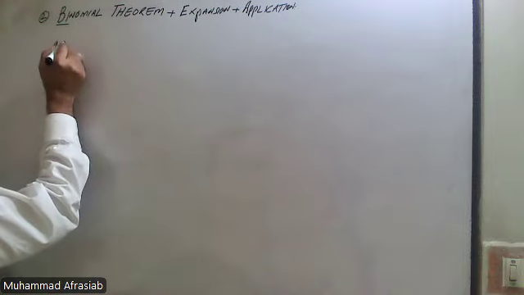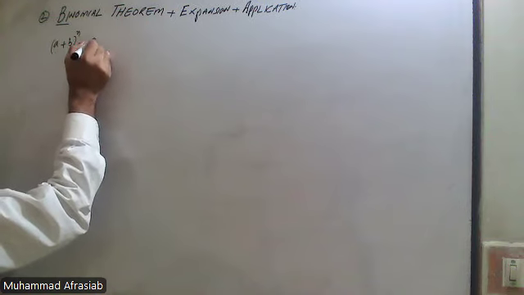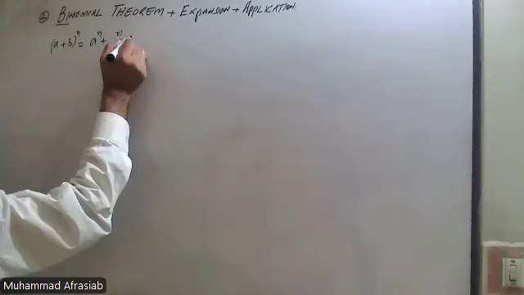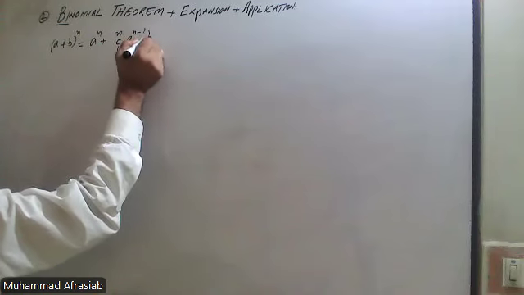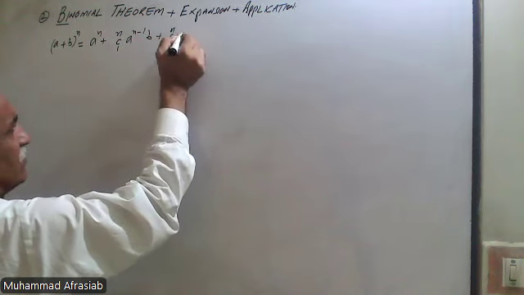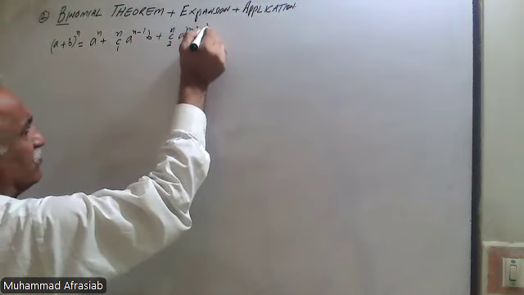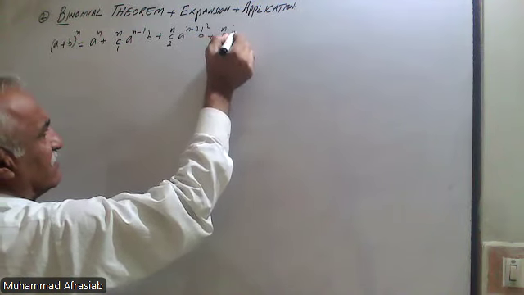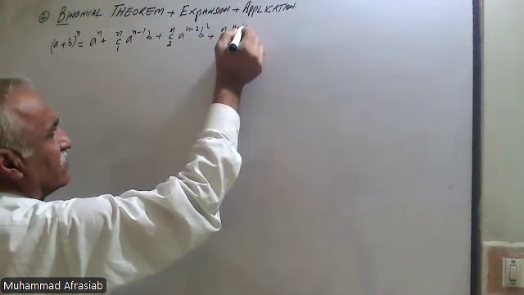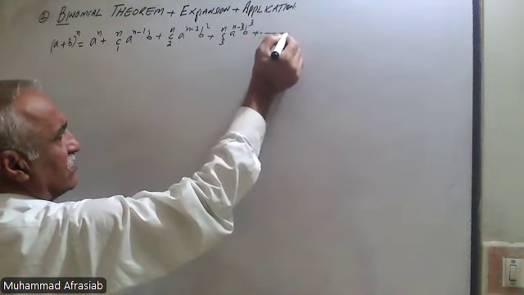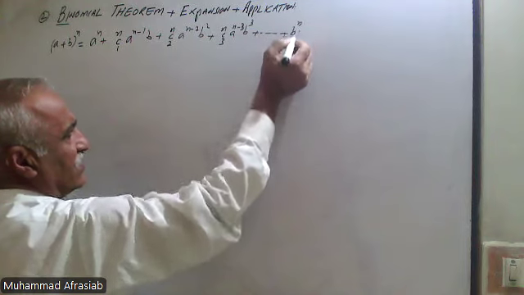And we write this formula as (a + b)^n is equal to a^n + nC1 a^(n-1) b + nC2 a^(n-2) b^2 + nC3 a^(n-3) b^3 and so on till b^n.